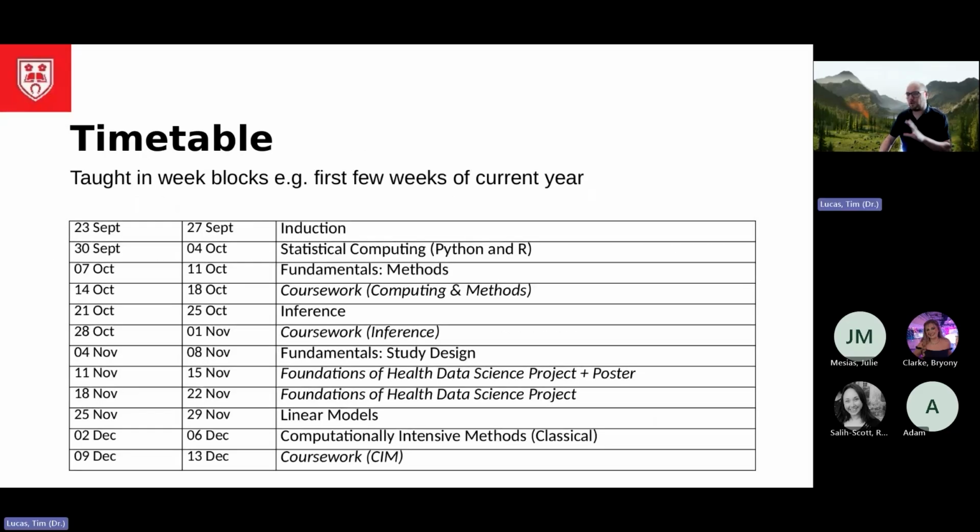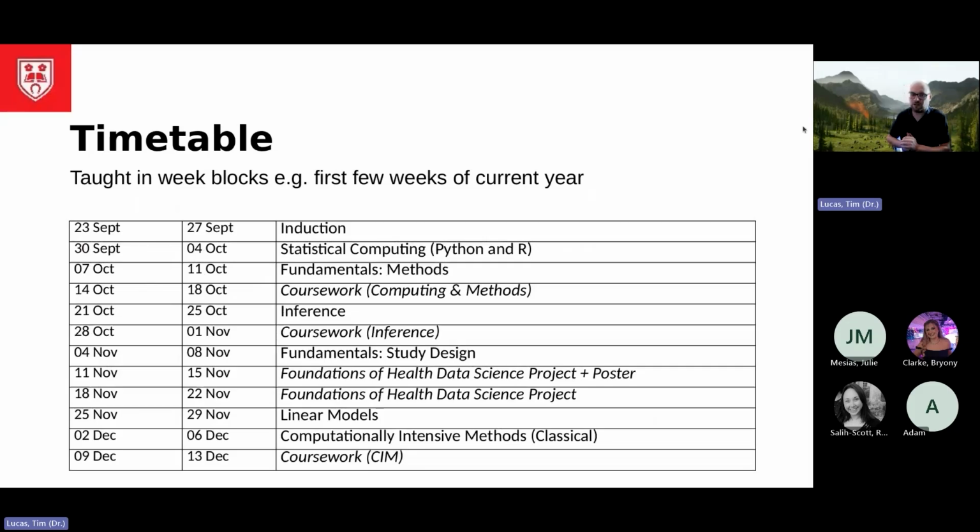So the degree is structured in a slightly unusual way as well. We teach in these week-long blocks. So for one week, for example, this second week, you'll just be doing statistical computing, kind of 9 till 5 for five days.